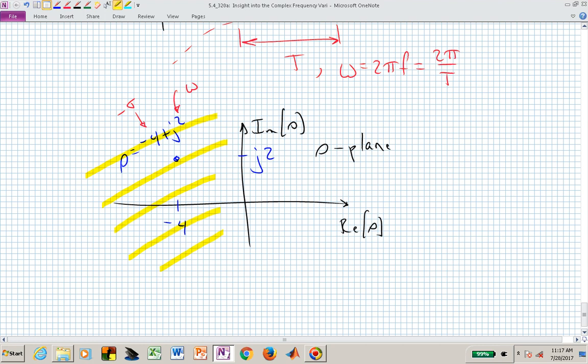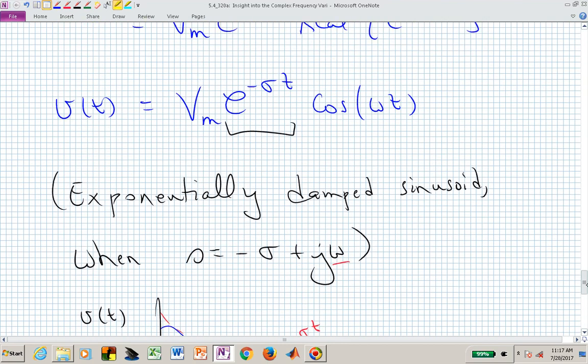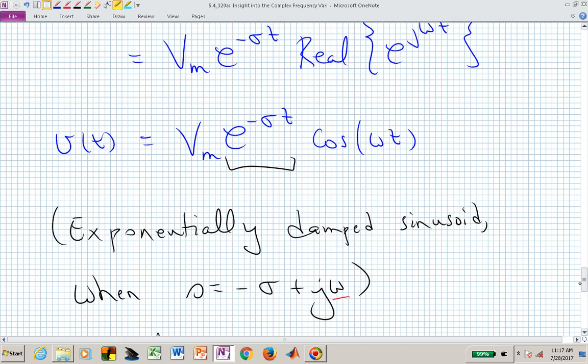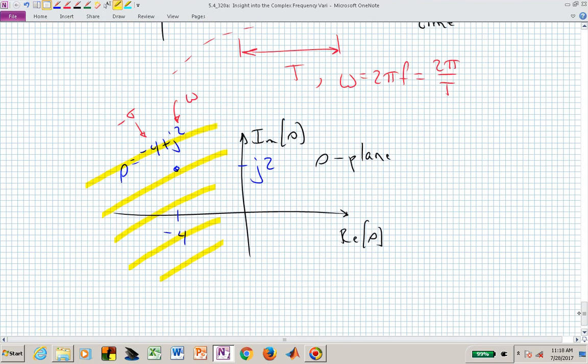If we're on the real line, we just have an exponential decay. But I hope now that you have a better feel for what e to the st looks like, all because of your insight into what s, as a complex frequency variable, translates into in the time domain.